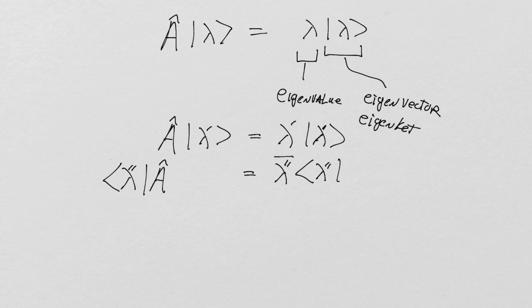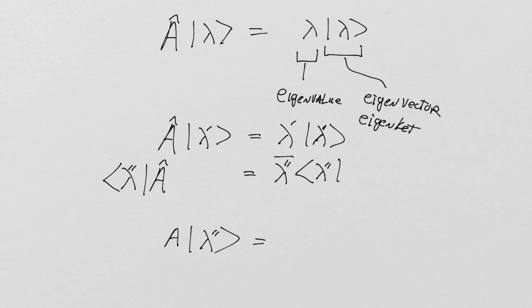Now we go to another eigenbra, lambda double prime. It's just the dual of the eigenket lambda double prime. But A operating on lambda double prime is dual to A operating on the ket lambda double prime.